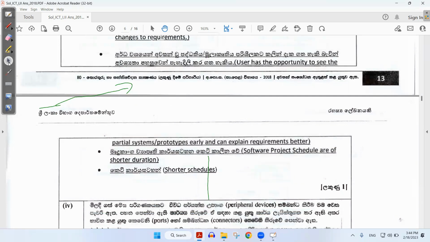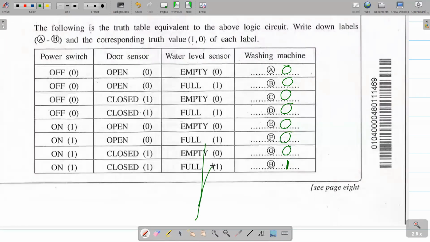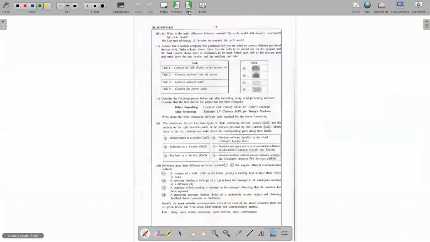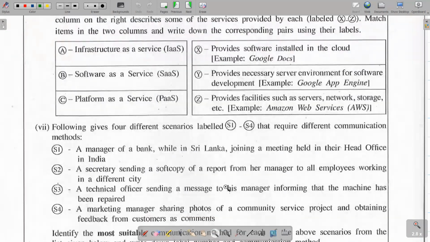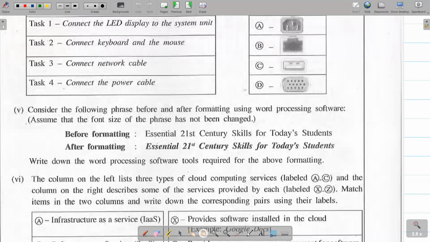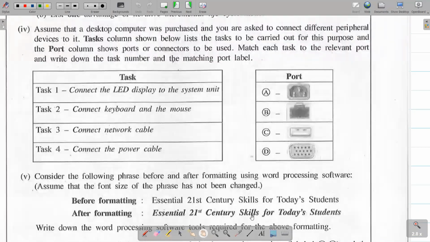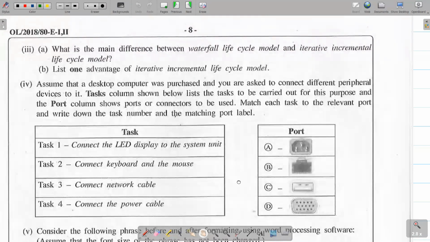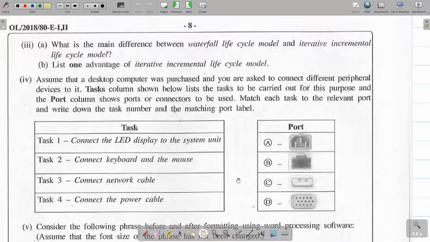Okay, moving to the fourth part. Yes, in the fourth, it is asking you to match the task and the port, right?